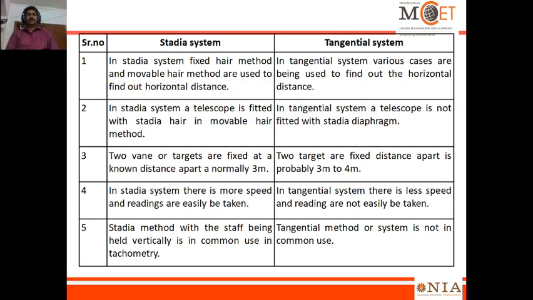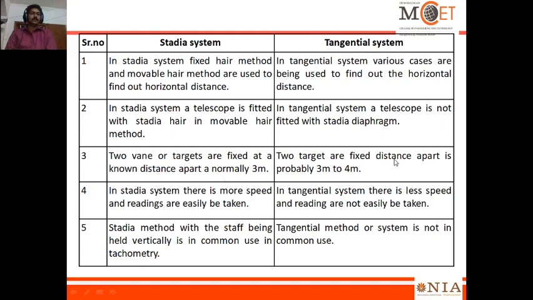In the stadia system, the fixed hair method and movable hair method are used to find the horizontal distance. In tangential, various cases are used to find the horizontal distance. There are three cases. In the stadia system, a telescope is fitted with the stadia hair in the movable hair method. In tangential, a telescope is not fitted with a stadia diaphragm itself. Two vanes or targets are fixed at a known distance apart, normally 3 meters, that is the subtense bar method.